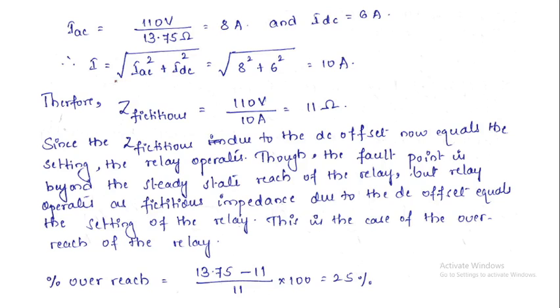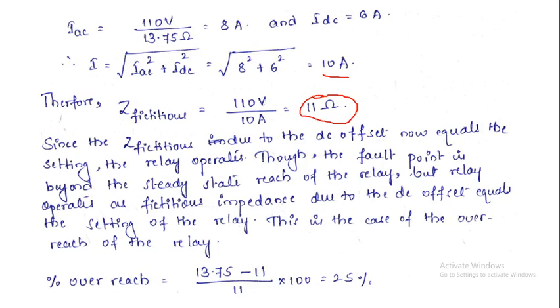So the total fault current is given by the square root of I AC squared plus I DC squared, that is the square root of 8 squared plus 6 squared, which gives me a value of 10 amperes. Therefore, Z fictitious is equal to 110 volts divided by 10 amperes, which is 11 ohms.